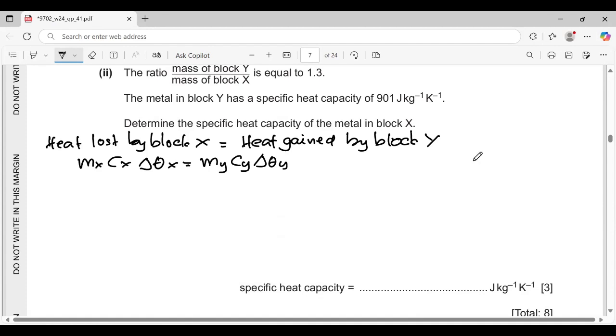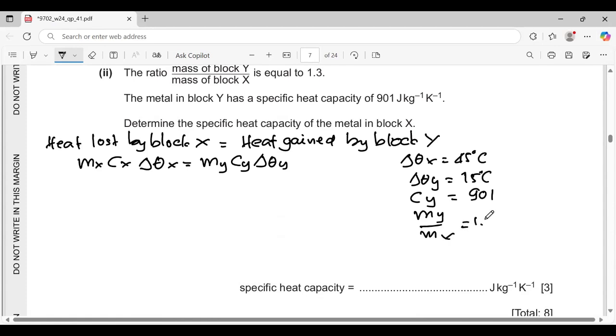Okay. And based on the information, delta theta x equals 45 degrees Celsius, and you can look on the diagram, delta theta y equals 15 degrees Celsius, and Cy equals 901, and my over mx equals 1.3.